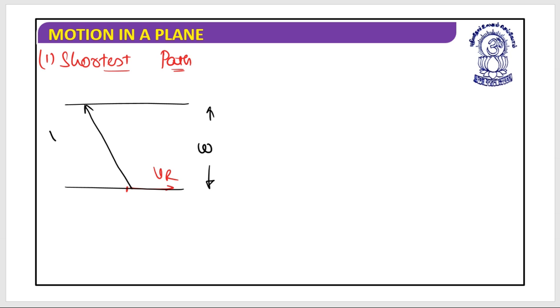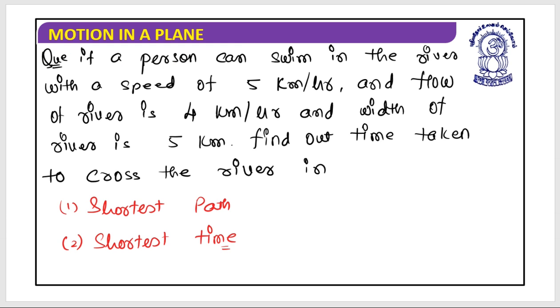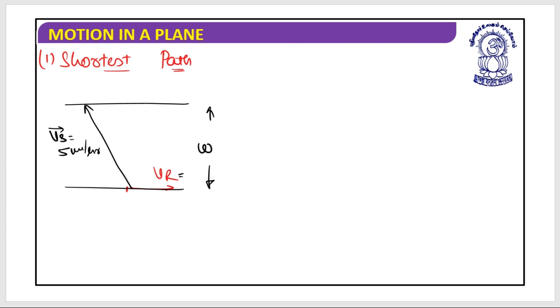So here it's a velocity of swimmer which is given as 5 km per hour, and velocity of river is given, I think it is 3 km per hour. No, it's 4 km per hour. Vr is 4 km per hour.